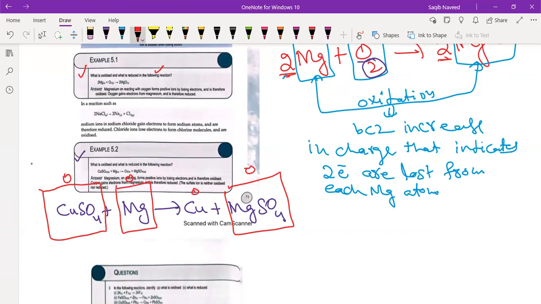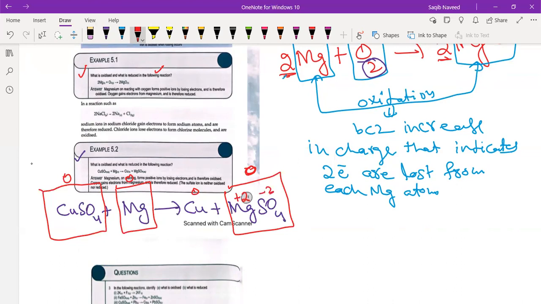Now some things are easy, and magnesium belongs to group 2. This is +2. So what would be the charge on SO4? Derived from this: if total is 0 and the charge on Mg is +2, what would be the charge on SO4? -2. Great.